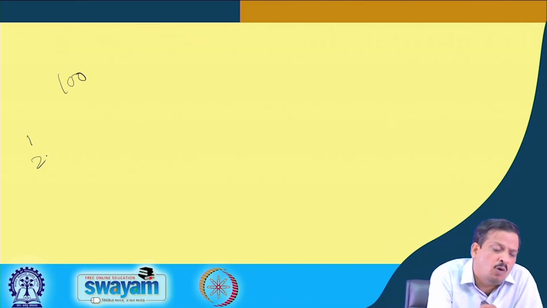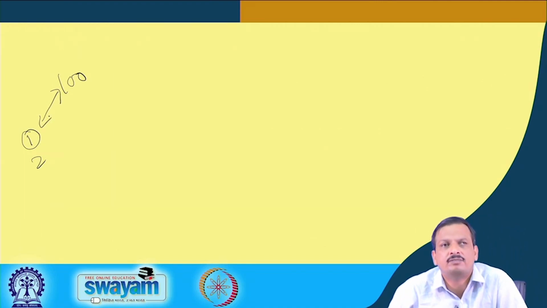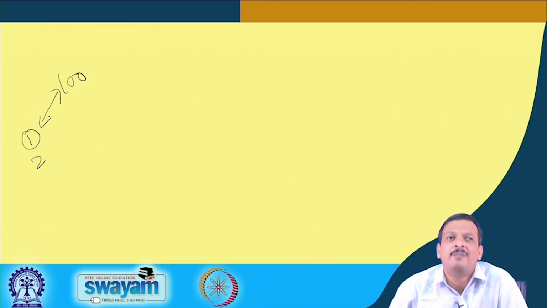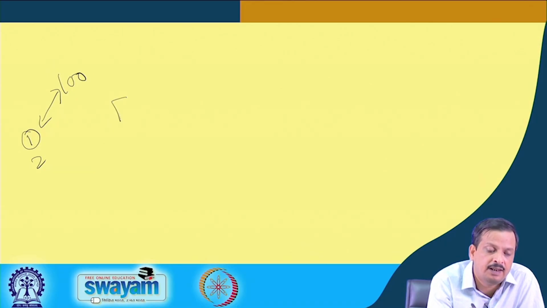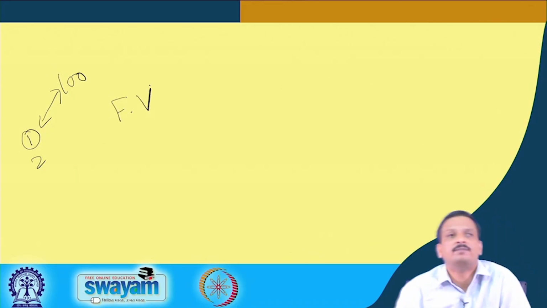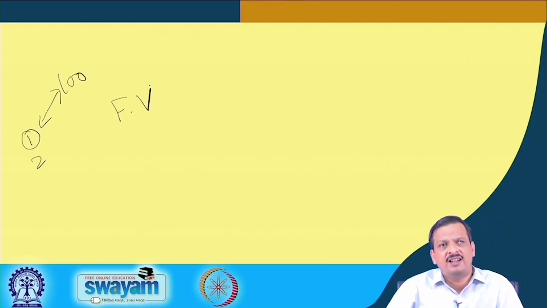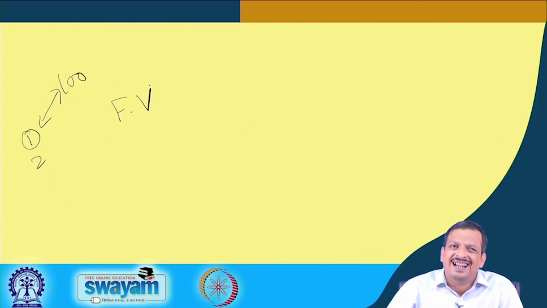And for question number 1, all 100 students have given the correct answer. Then what is the easiness of that question? That easiness is called the facilitation value, FV. Facilitation value is how easy that question or test item is.